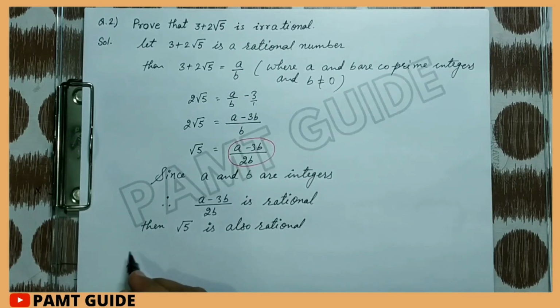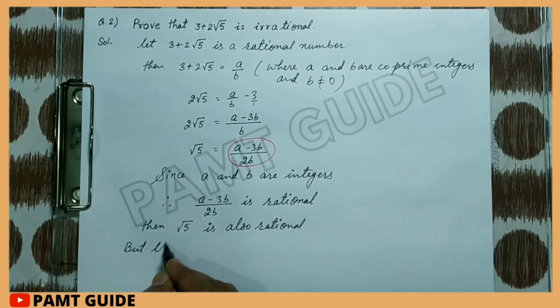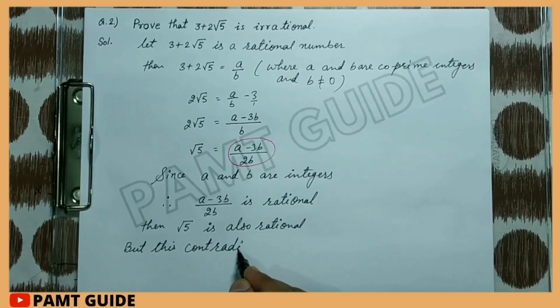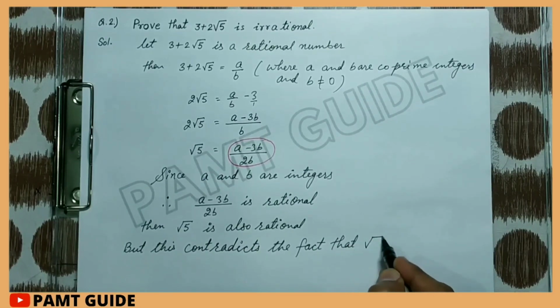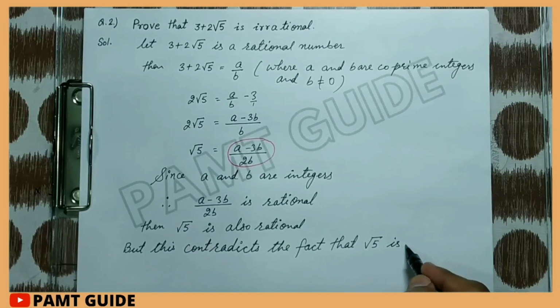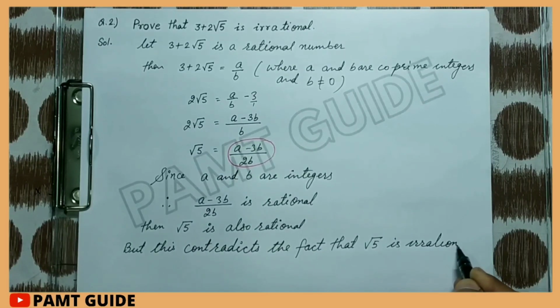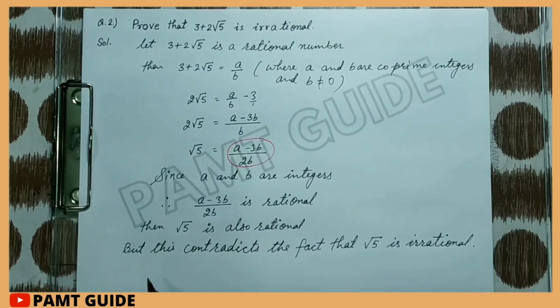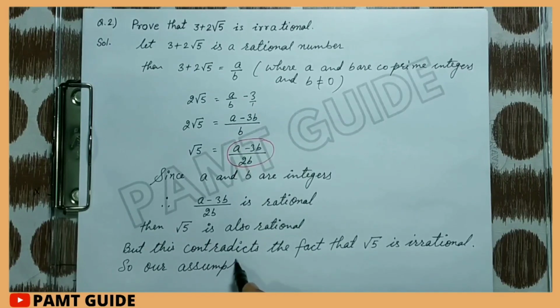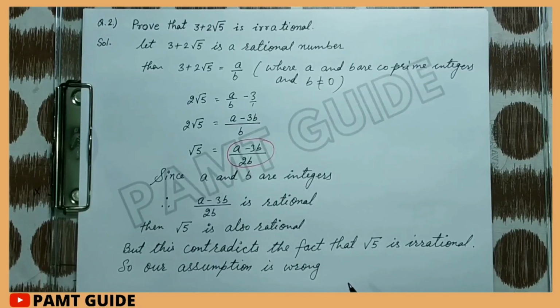But this contradicts the fact that root 5 is irrational. So our assumption is wrong.